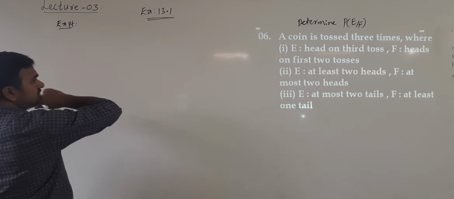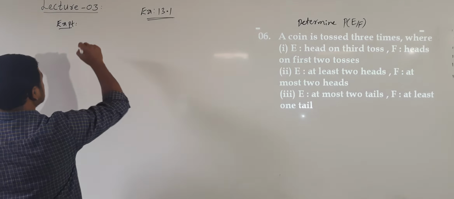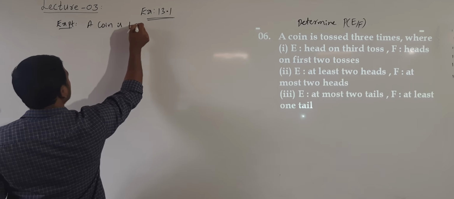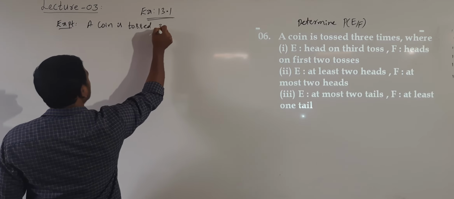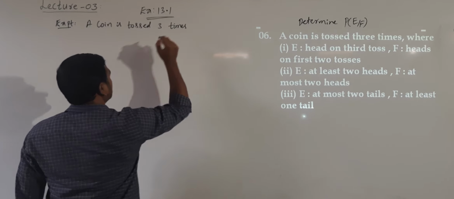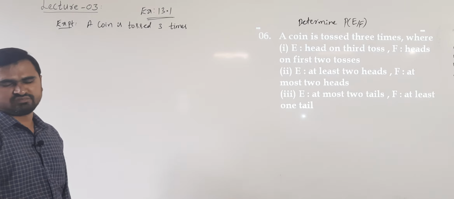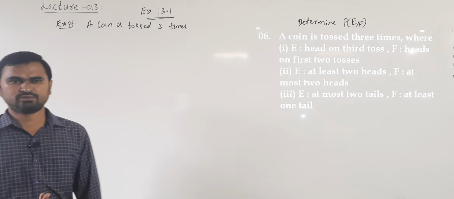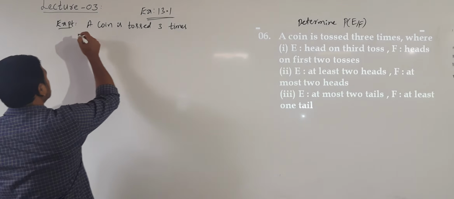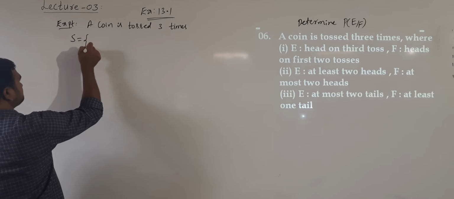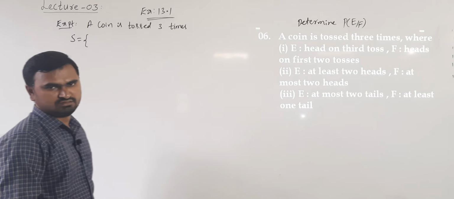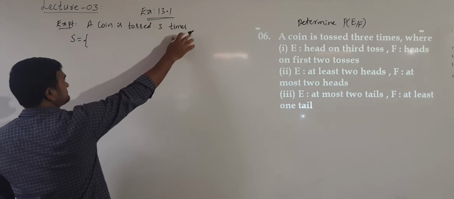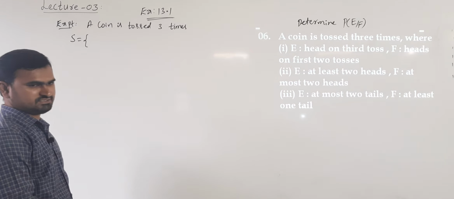Experiment is a coin is tossed 3 times. Now tossing a coin 3 times, what will be the number of outcomes we get? All possible outcomes, it is 8, 2 power 3. So we can write the sample space; a small number of outcomes, we can write all the possible outcomes. So what will be the outcomes we get when we are tossing a coin 3 times?